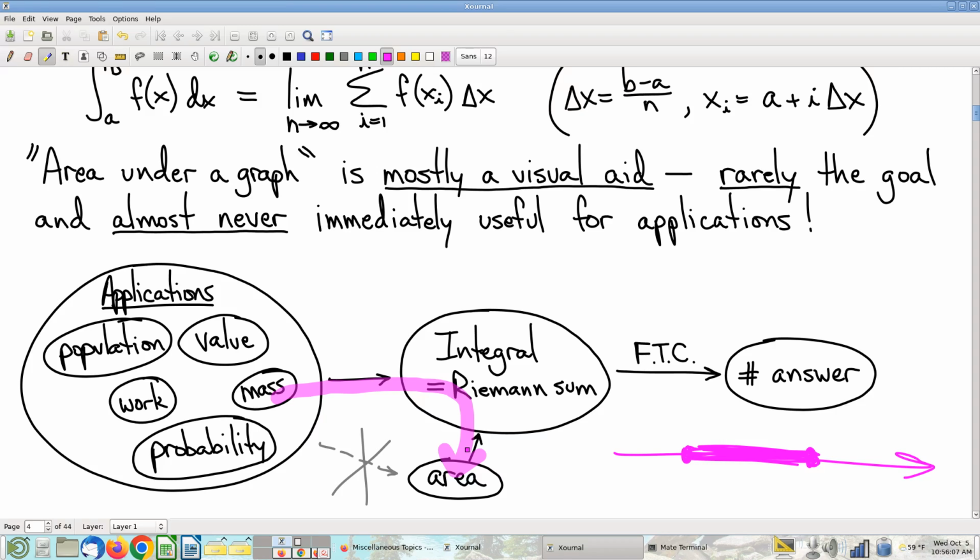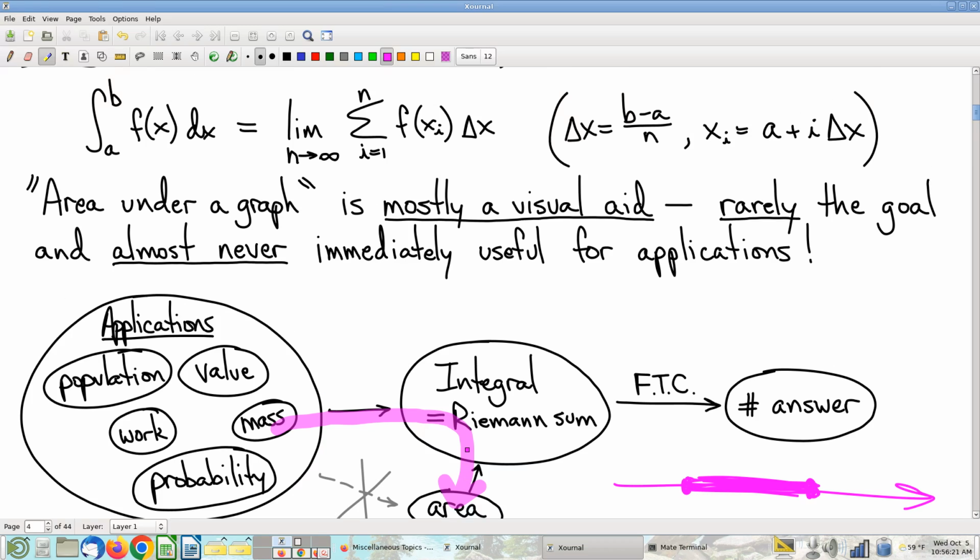And the more you avoid using a Riemann sum in this argument, the more sloppy and meaningless the argument is. Fundamentally, it is a Riemann sum. You're taking something, you're breaking it up into little pieces, and you're adding those up. That's what a Riemann sum is. So you look at this picture then.